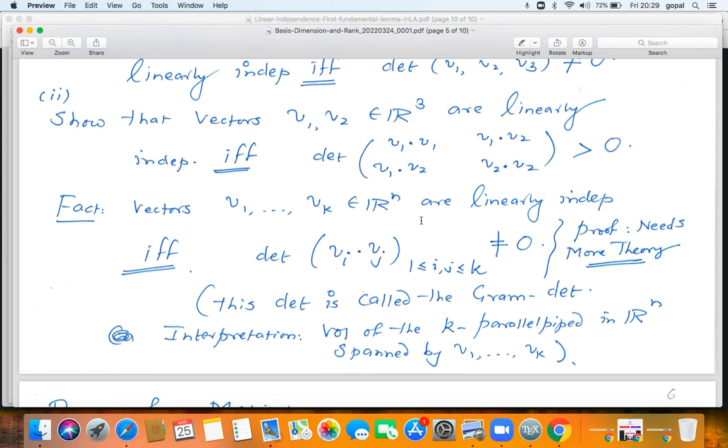If the value of the determinant is positive, these vectors are linearly independent. If the value of the determinant is 0, these vectors will be linearly dependent.